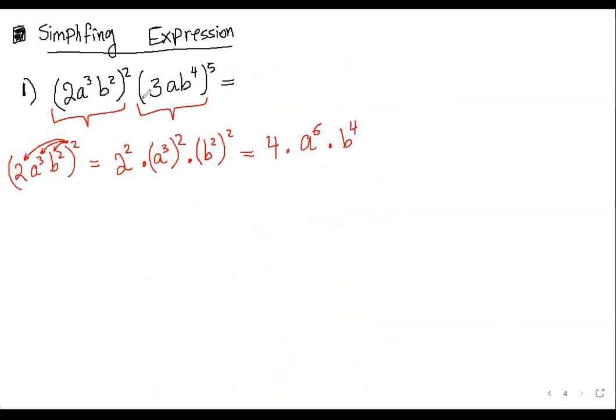Second term, 3ab to the power 4, all of these to the power 5. Again, we distribute the exponent inside the parentheses. What does that give me? 3 to the power 5, a to the power 5, and b to the power 4, everything to the power 5.